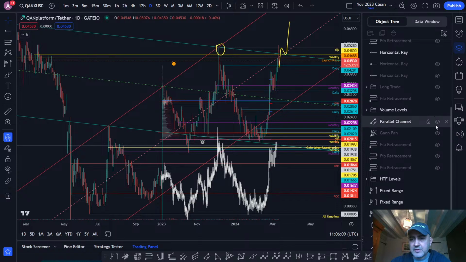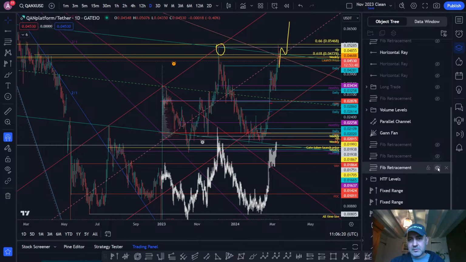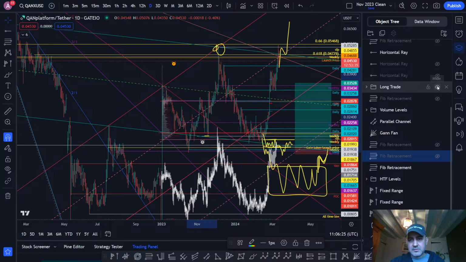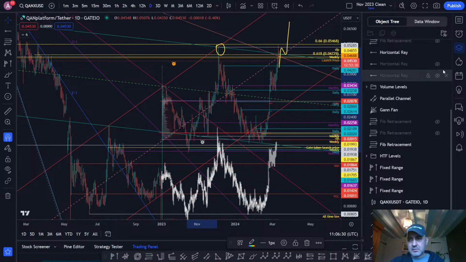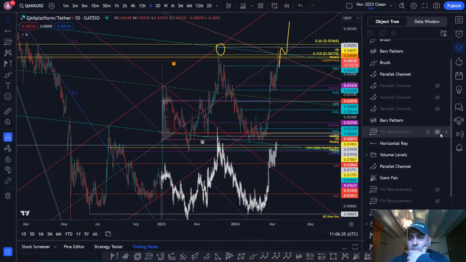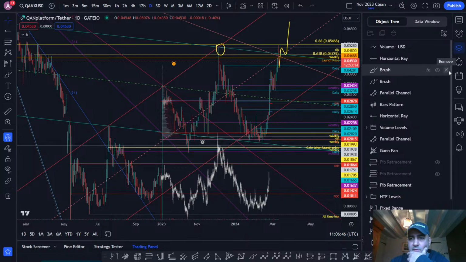Okay, let me just redo a lot of this stuff. What do I keep? Oh, you have a lot of resistance. Oh, and you have the golden pocket as well. What the hell? Get rid of that now.